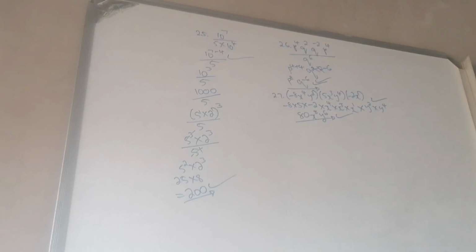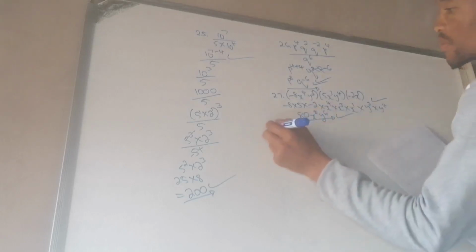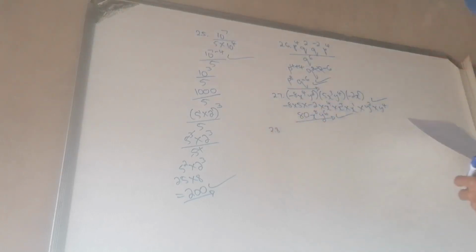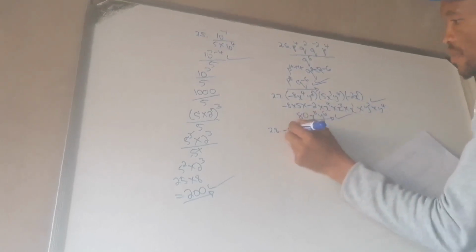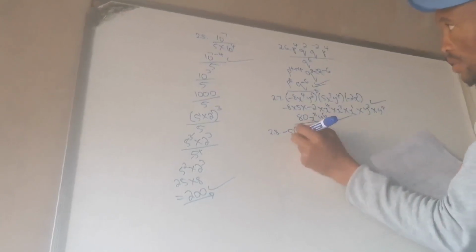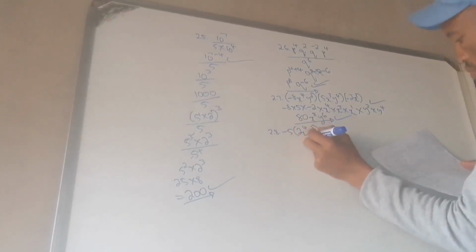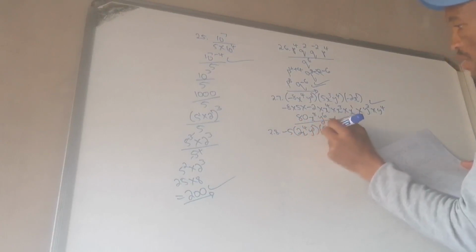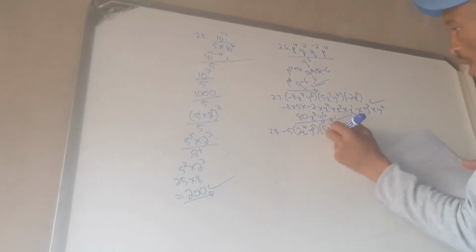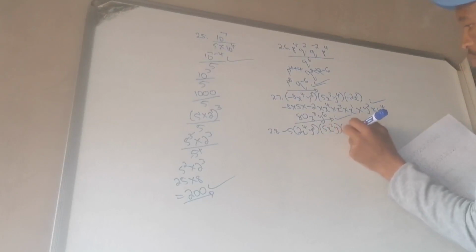2.8: negative 5 2x4 y squared, 5x3 y, negative 2x.